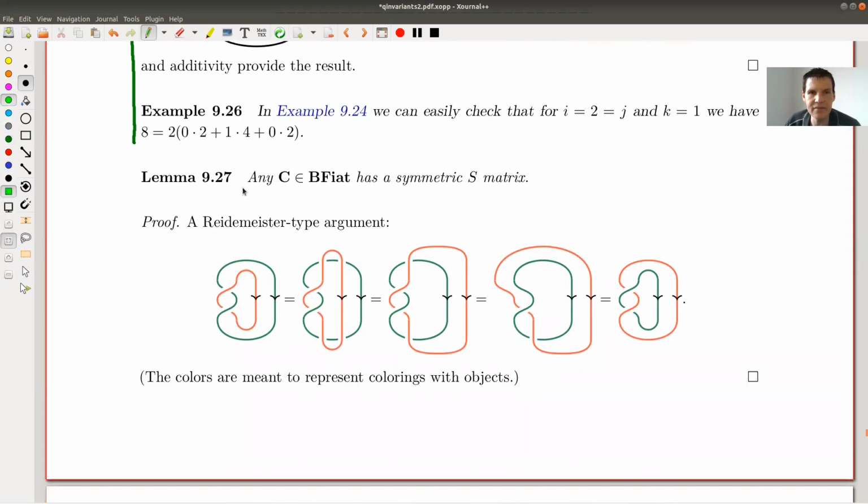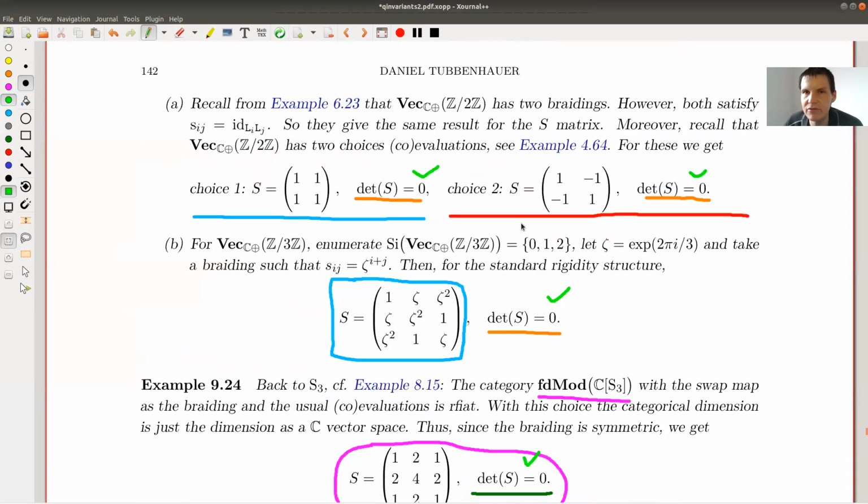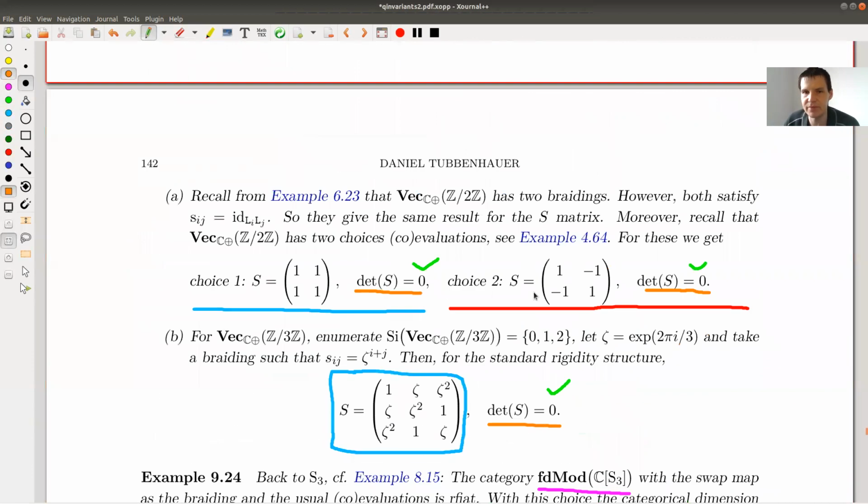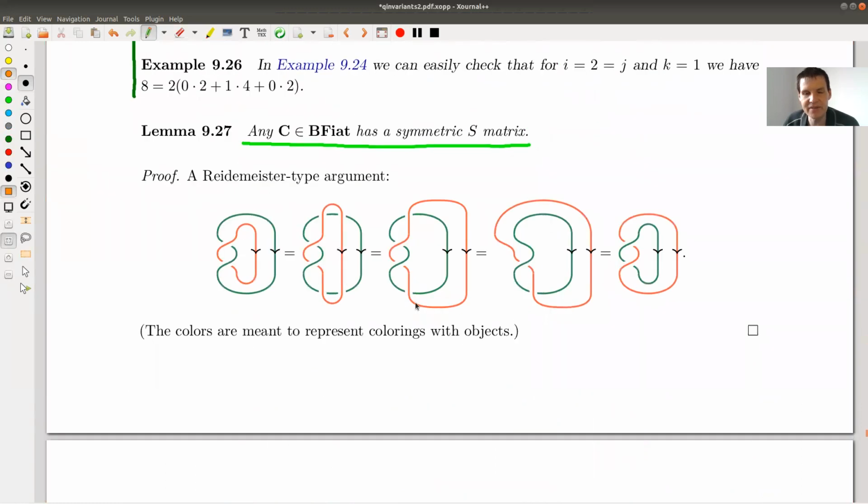So for any such category, the S matrix is symmetric, and that's not quite clear, right? Because it's this picture for J on the inside and I on the outside, and transposing it would put I on the inside and J on the outside, and it's not quite clear why they should be symmetric. But the diagrammatic argument is actually pretty easy.